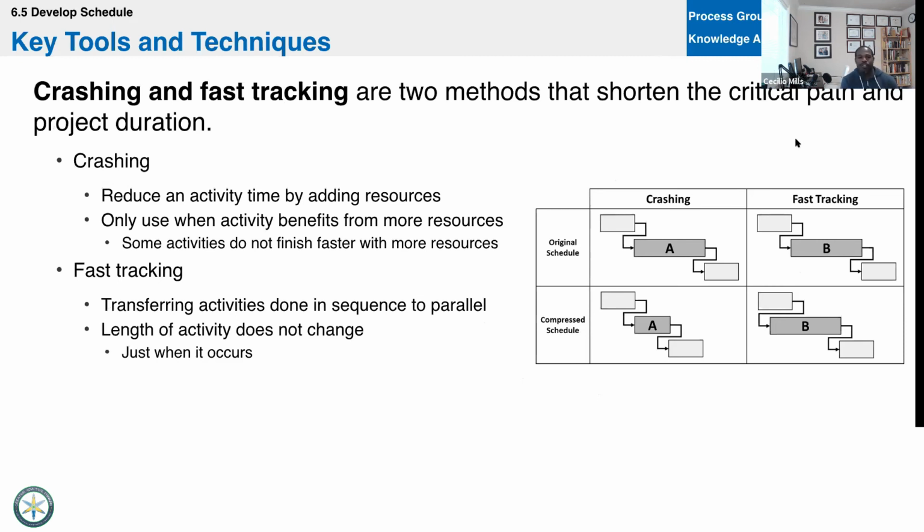And then there are scenarios where we need to make the project happen sooner than we otherwise thought we needed to, so we can crash or we can fast track. What you need to remember for the exam is that crashing will increase your cost, but there's no added risk.